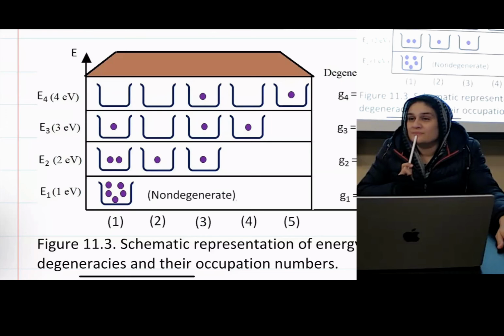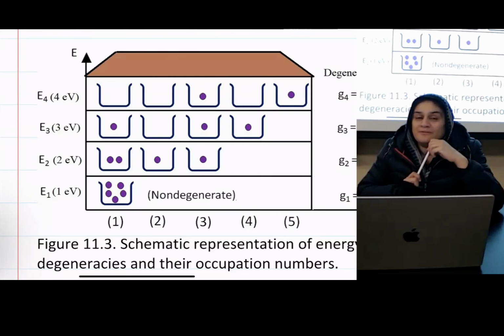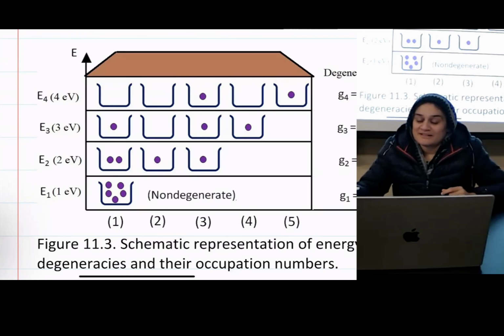Why is it 2? There are 2 people in there. What's the occupation number for level 1? 5, right? Okay, so what's the occupation number for level 3?